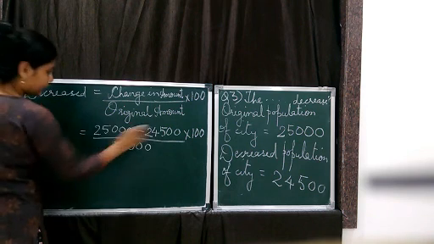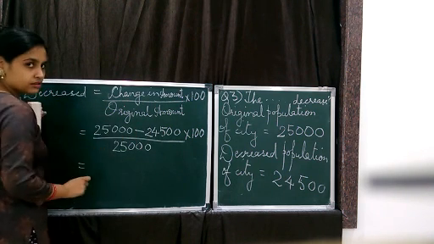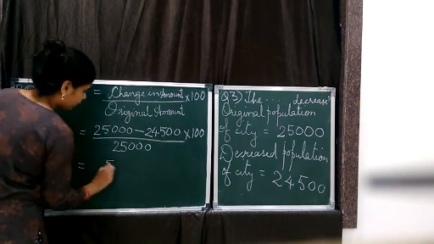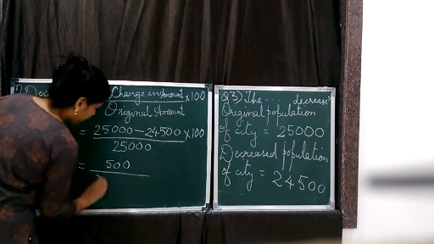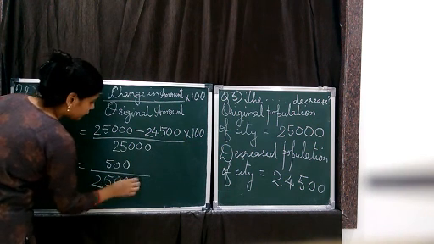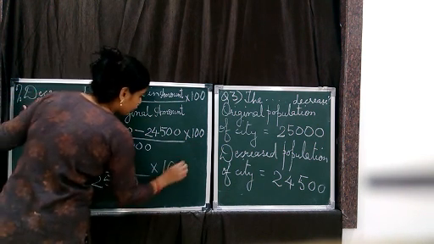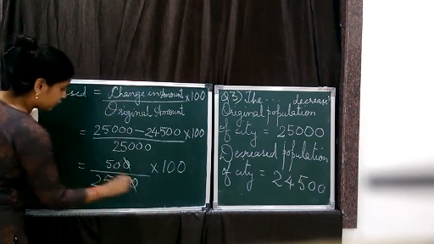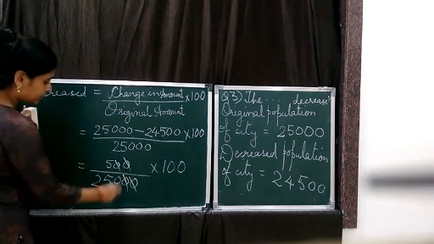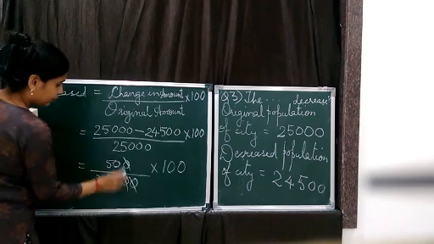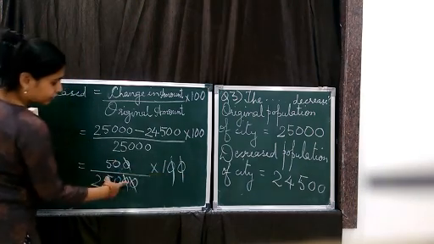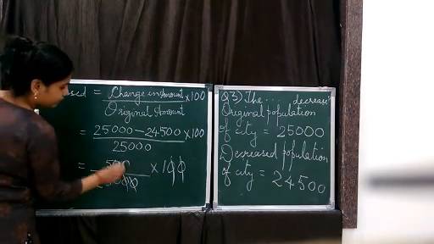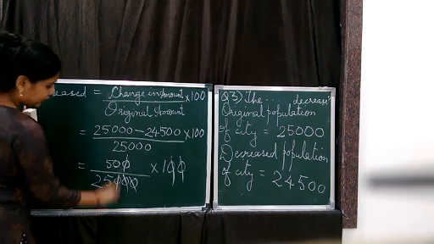Now this is what we'll subtract first. Okay, so this comes out to be 500 upon 25,000 into 100. Now zeros got cancelled here. Two zeros and two zeros. Now one zero got cancelled here.